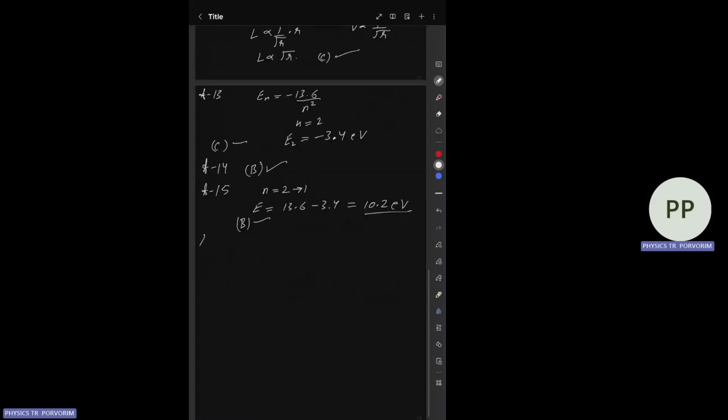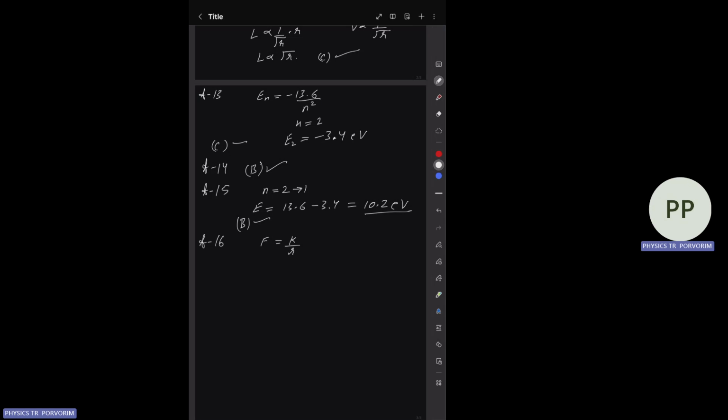The next question, the 16th question, says suppose an electron is attracted towards the origin by a force, where the force is K by r. By applying the Bohr orbit model, we have to find the dependency of the radius and the kinetic energy on the orbit number n.